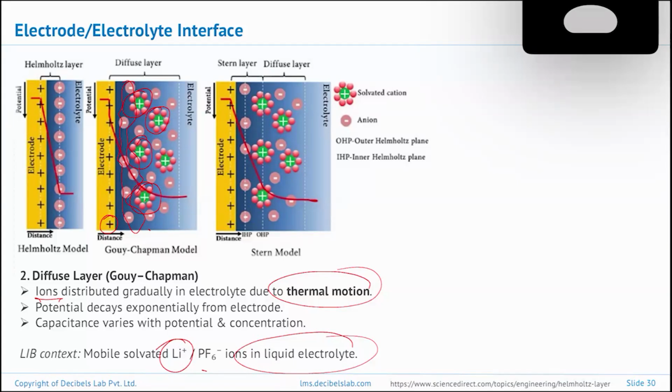The same kind of phenomenon can be observed in the battery. When you charge and discharge, the ions start moving with respect to the respective electrodes. During that, there will be a non-uniform distribution of charges inside the battery.